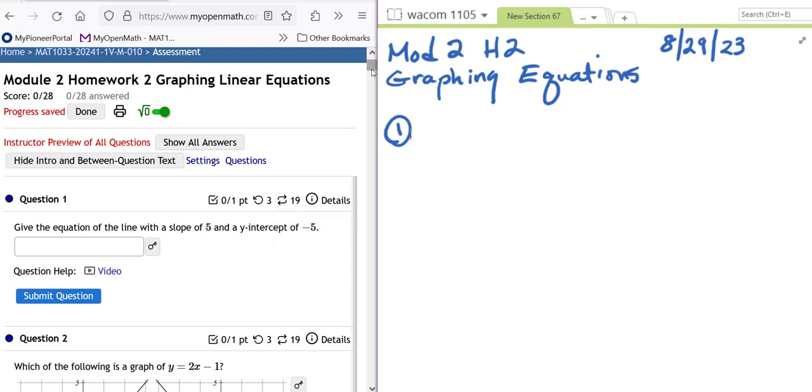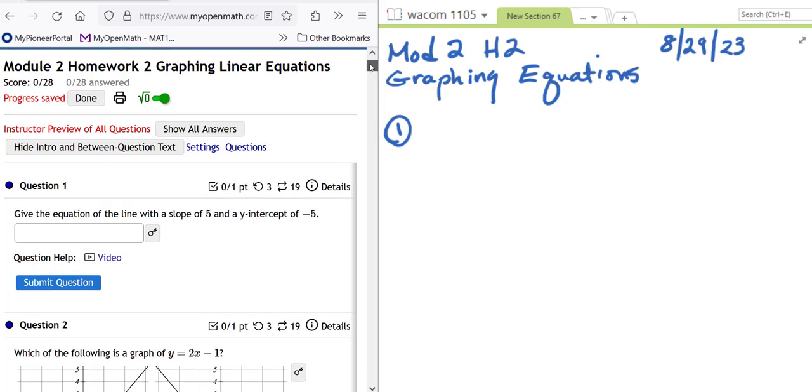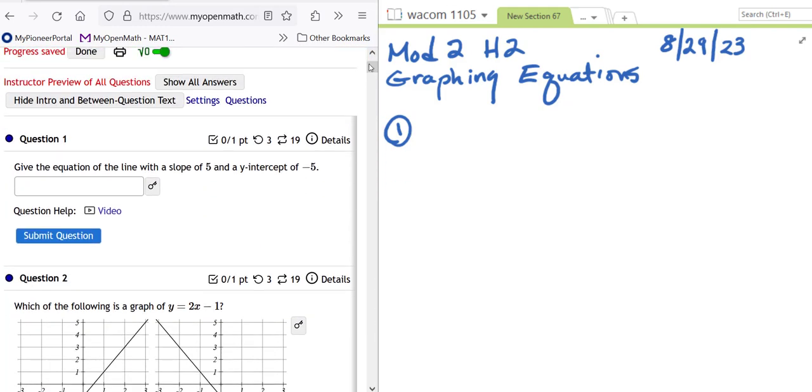We don't really look at the equation of the line yet, but we will do this one so that you'll be okay to answer your homework. It asks you for the equation of a line with slope of 5 and y-intercept of -5.